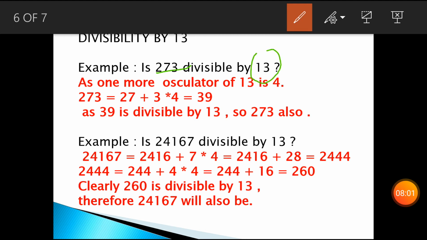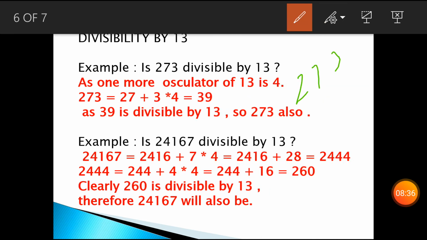For 13, the oscillator that I have already calculated for you is 4, because you know very well 13 times 3 is 39, and that is one more than a multiple. 39 plus 1 is 40, and 40 is 4 into 10, that's why we got the oscillator 4. Now as it is a positive oscillator, we are not going to subtract, we are going to add. So how to solve now?